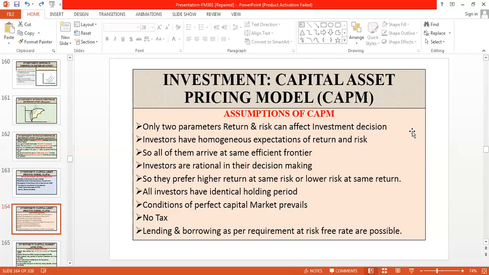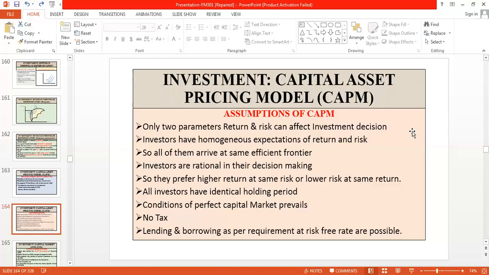So we are now considering the important assumptions of the CAPM. Just go through the slides. The points have been clearly noted here.